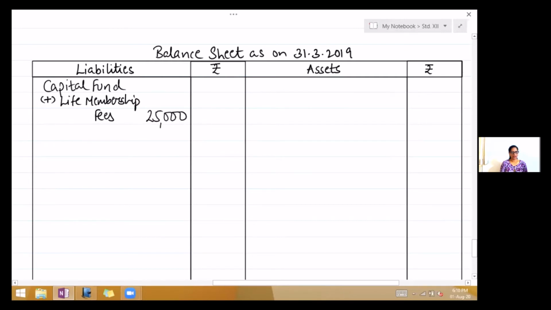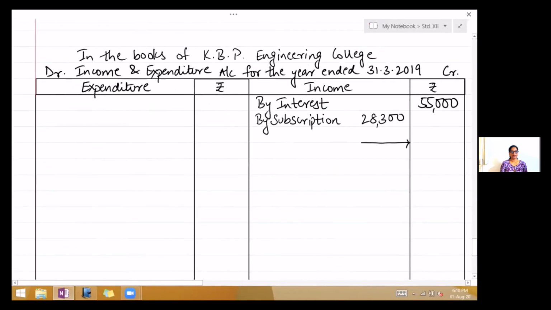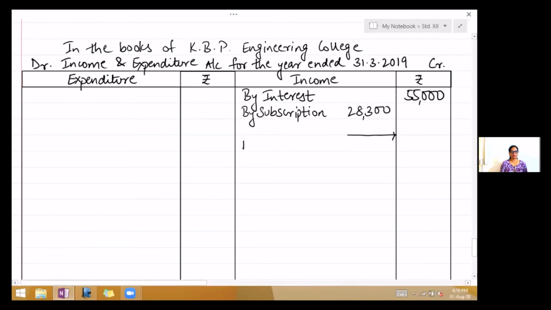Next is donation. Now donation, come to the income side, write by donation. This has got an adjustment, so write in the inner column 7 lakhs. Leave a line for adjustment.